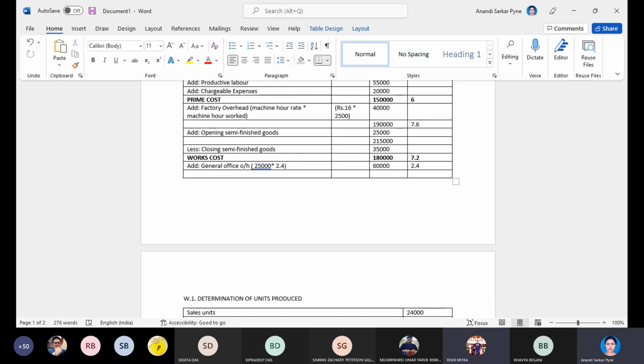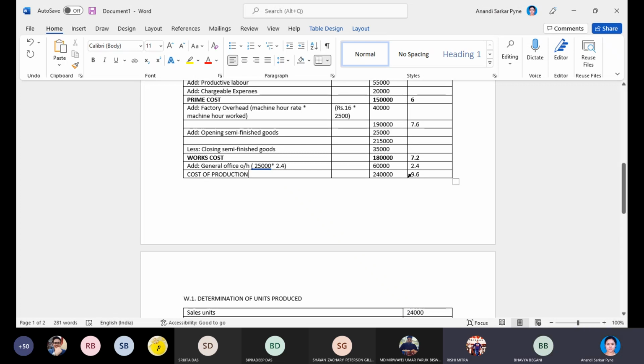So now, after adding this, 1 lakh 80 plus 60,000, 2 lakh 40,000. So simply add this, or 2 lakh 40,000 divided by 25,000 is 9.6. This is your cost of production. Yes, ma'am.